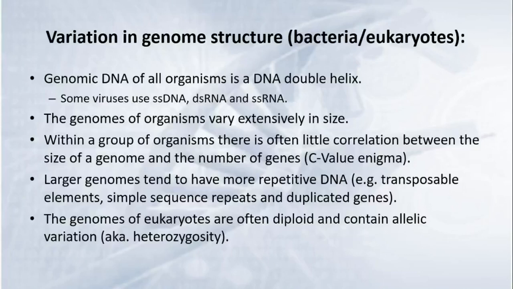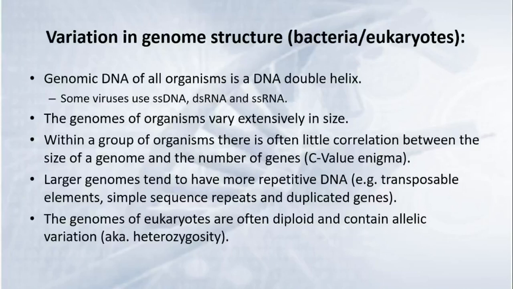It's not a simple relationship like that, but they tend to have a lot more repetitive sequences. And as we're going to learn later on, that repetitive nature of these large genomes can represent some intrinsic challenges to sequencing those genomes. The genomes of eukaryotes are often diploid and contain allelic variation as well.